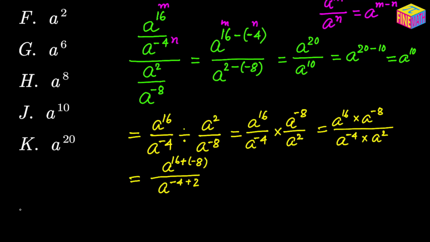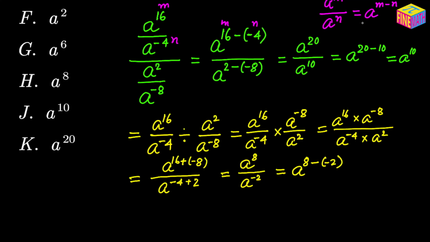And from here what do we get? Well, in the numerator we will have 16 minus 8, that would be a to the power 8, and then divided by, in the denominator we have a to the power negative 4 plus 2, that would be a to the power negative 2. And then again from here you can say this must be a to the power 8 minus negative 2.